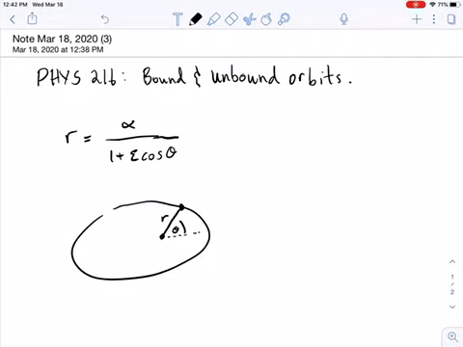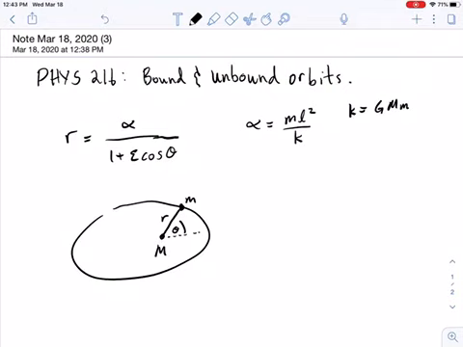Okay, so we also worked out what alpha and epsilon are. Alpha was this latus rectum, and it was ml squared over k, where k was the gravitational constant times the product of the sun's mass and the planet's mass. So over here is big M, and over here is little m.